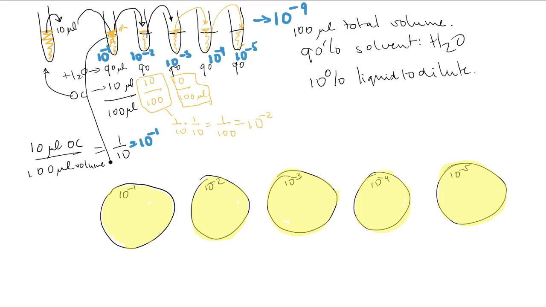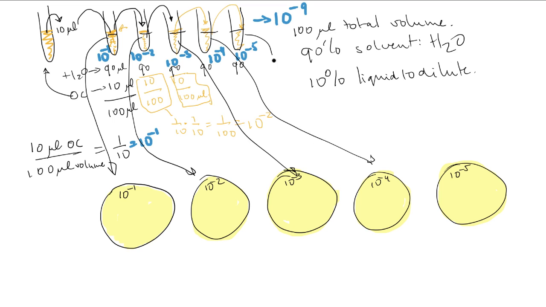So the entire content, all of the 100 microliters of each of these, is spread over here. Then they're incubated. We incubate this at 37 degrees Celsius overnight, and then you come back the next day.